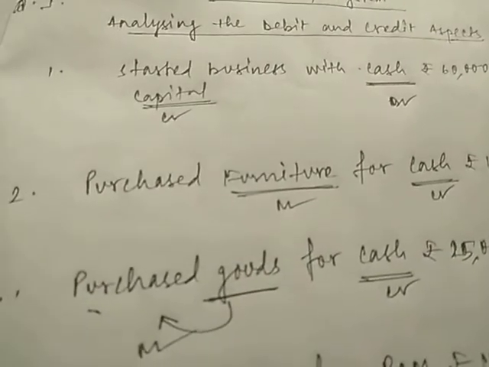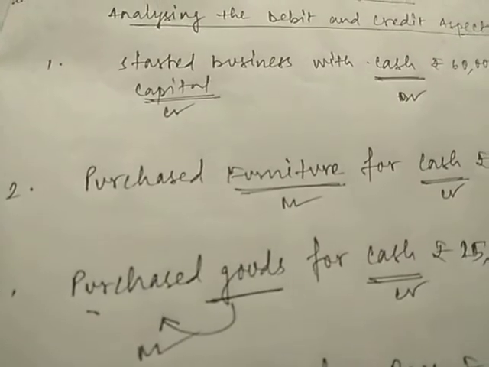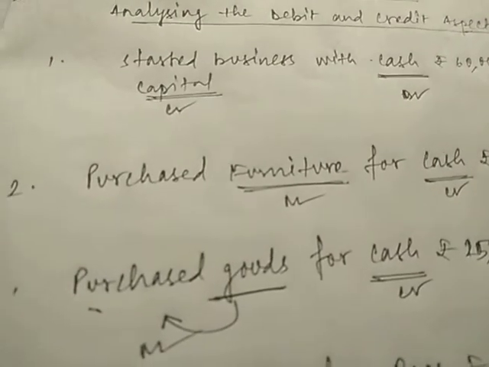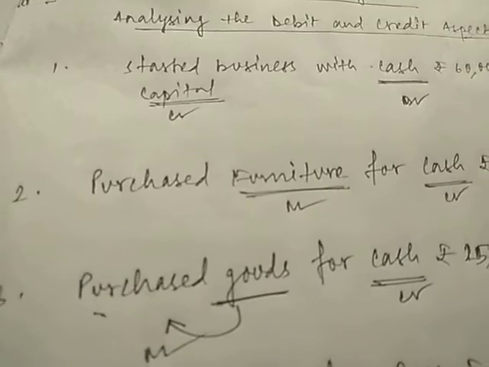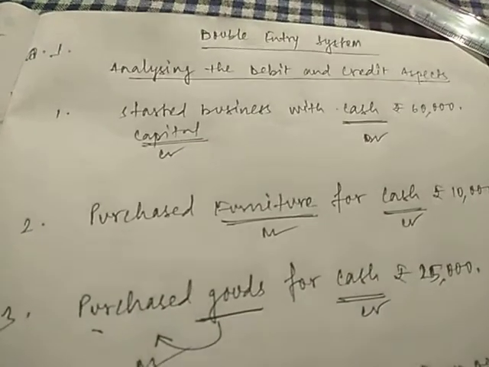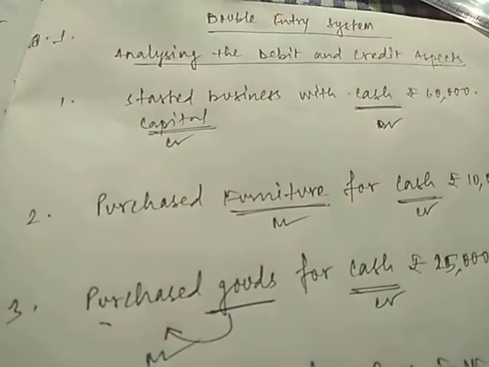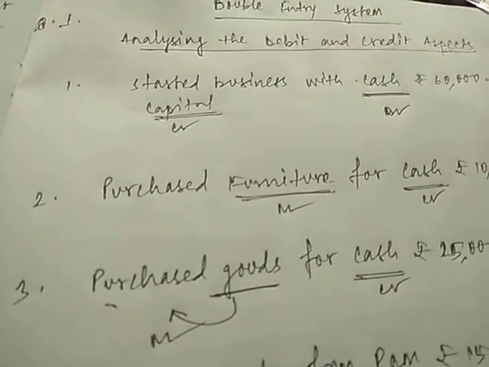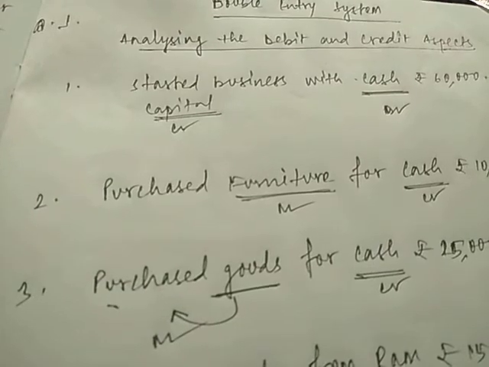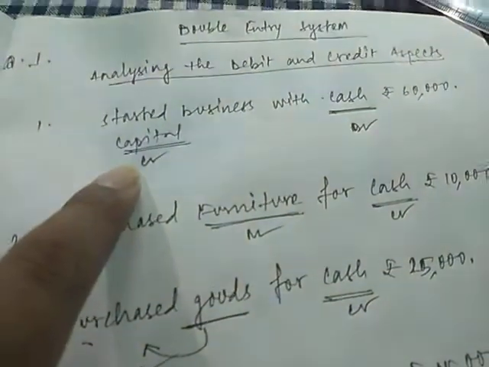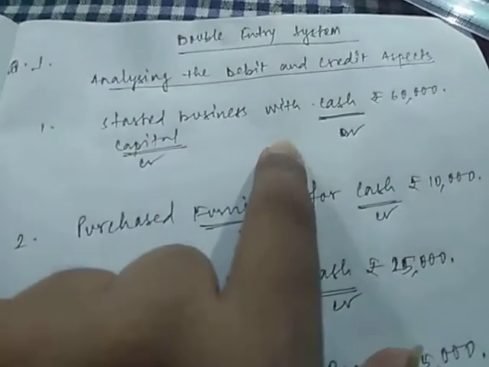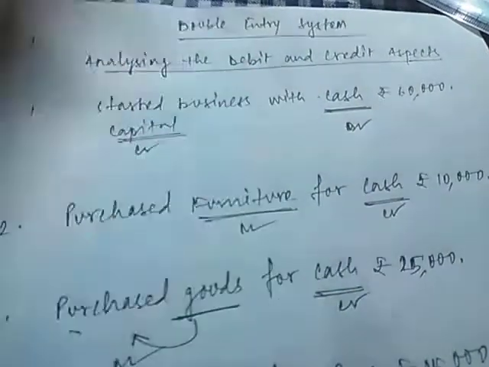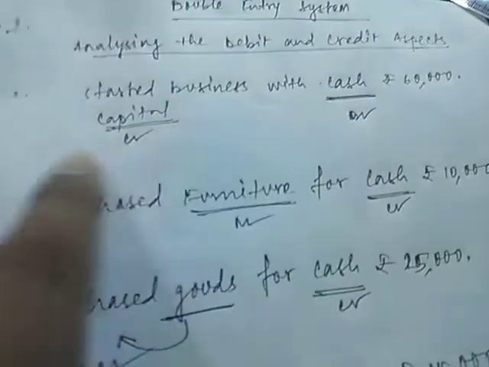From the point of view of the business, we have received money from the owner and we have the liability to return that money on the shutdown of the business. When the business is shut down, we need to return that money to the owner. So this is a liability for the business. This liability is called capital. Whatever money is invested by the owner in the business is called capital. So capital will be credit. Here in the transaction itself, just underline the aspects, and write debit and credit there.